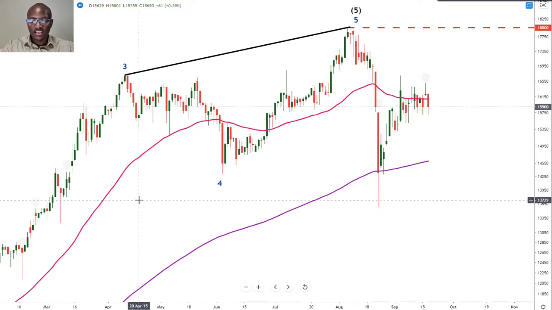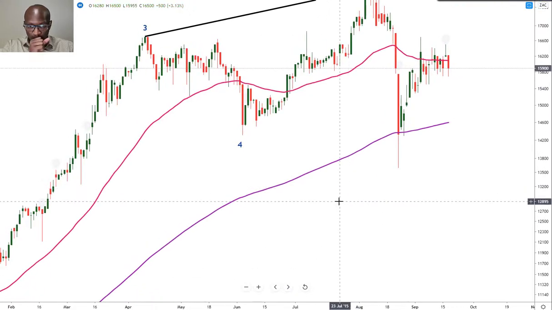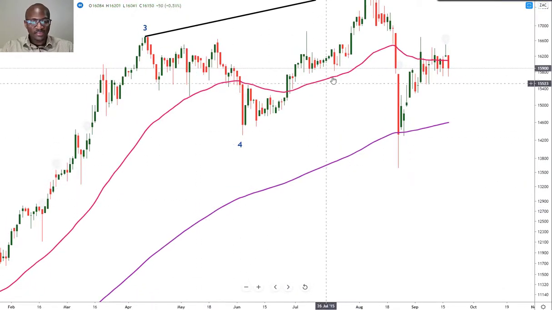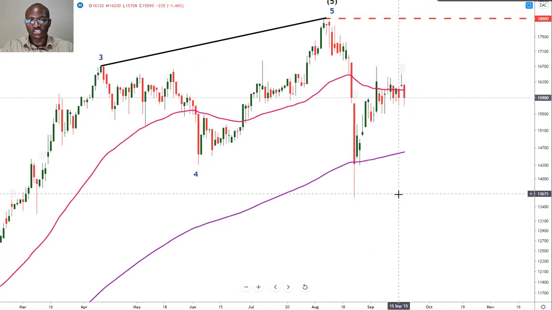Now, since the initial stages of this rally back in 2009, when we had the 50 moving average crossing above the 200 moving average, these two moving averages have been crossed, and that was due to the very, very strong bull market that EOH was in. But at this stage here, we can see the two moving averages starting to converge.